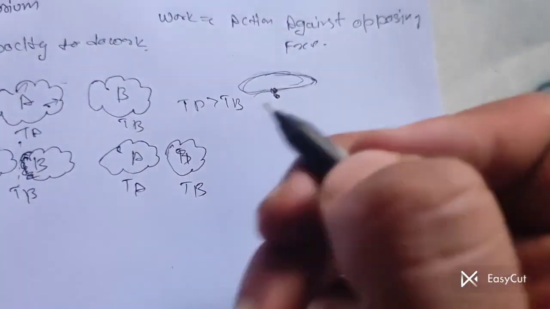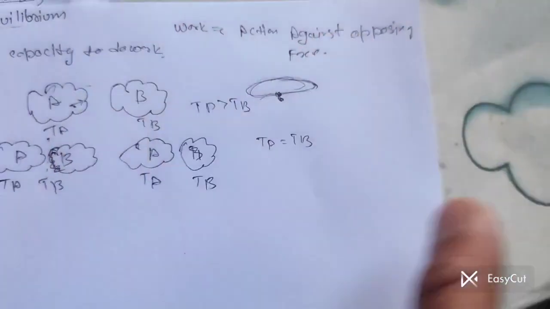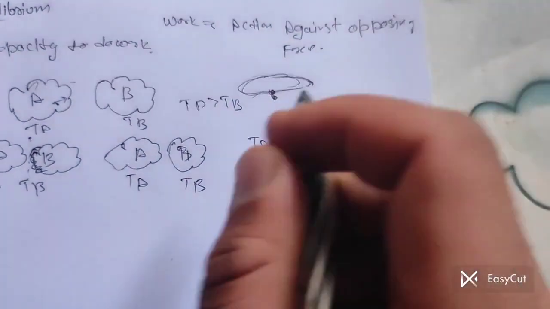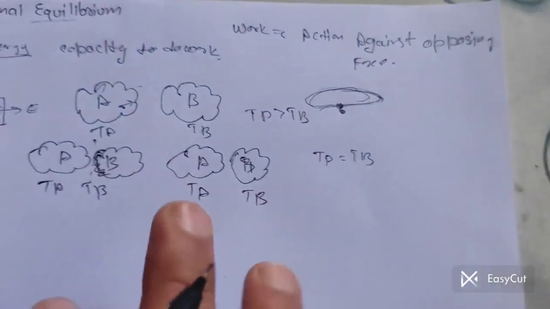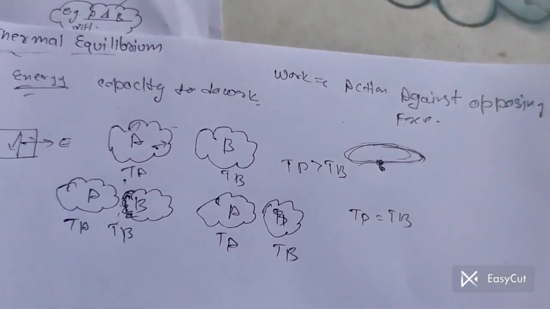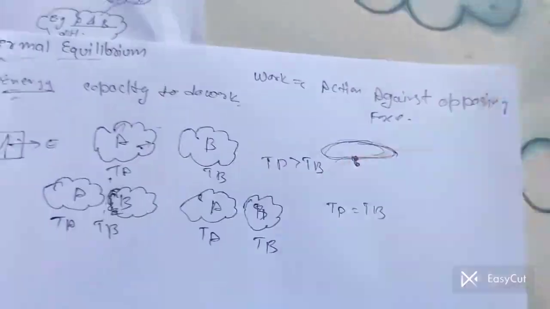Energy is still transferred between them, but the net transfer is 0. So this is the meaning of being thermally equal.